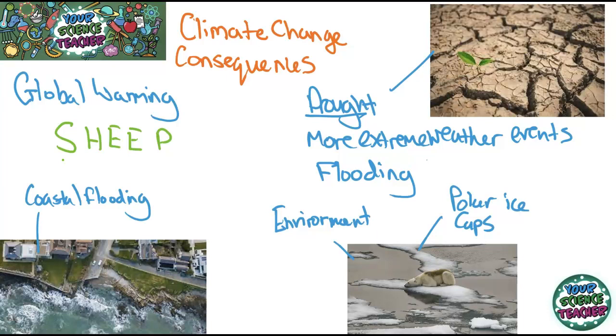And also, disease might spread. Think about the malaria carrying mosquitoes. They'll be able to travel further north and further south, and this could cause malaria implications in lots of different countries. Looking at the environmental, well, just look at some of the different animals.